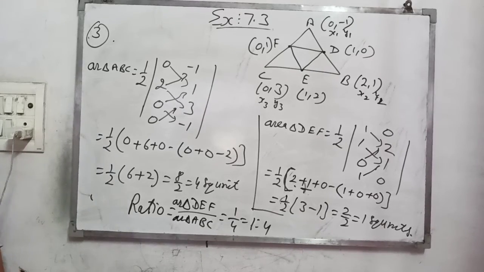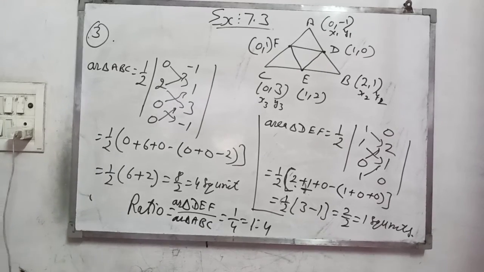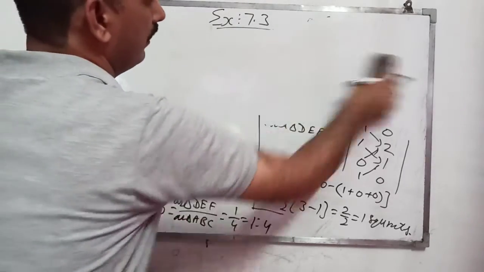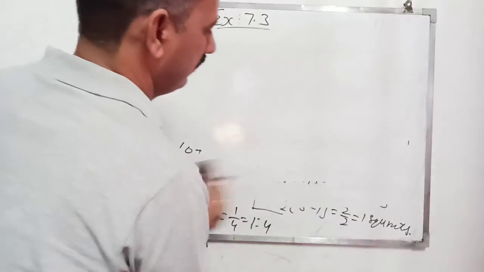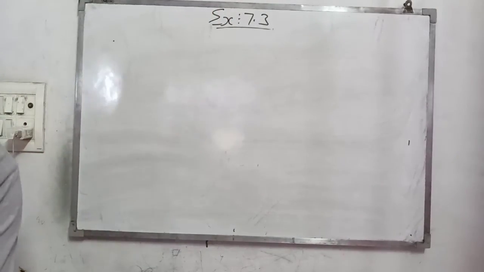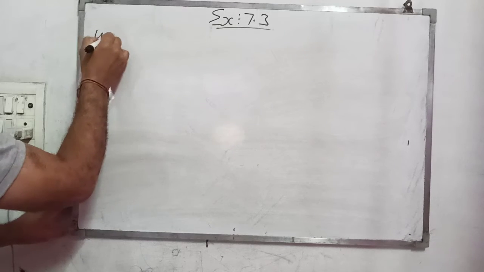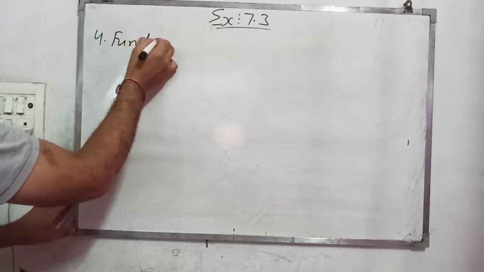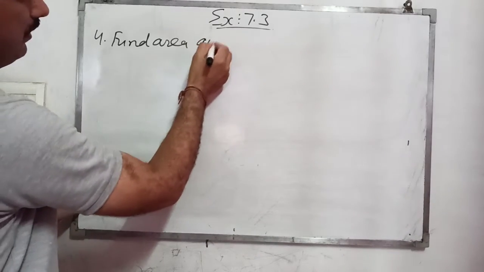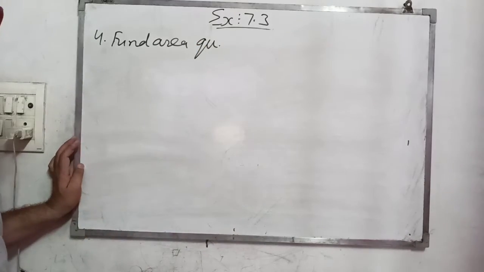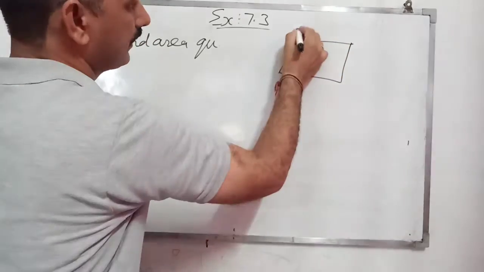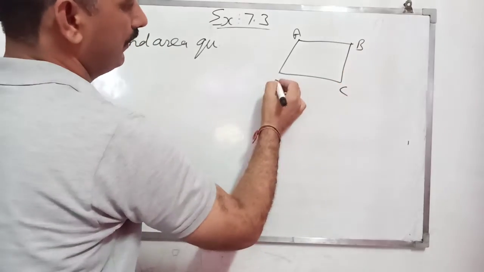So look at the next question. Question number 4. Find the area of the quadrilateral. The vertices are given in order, always taken in order, clockwise order we can say.